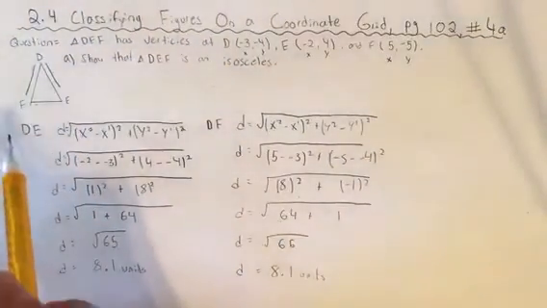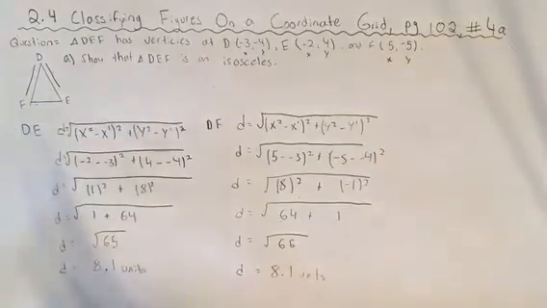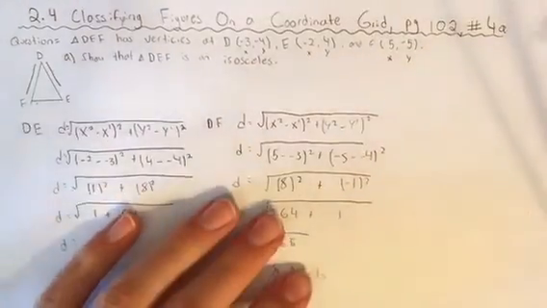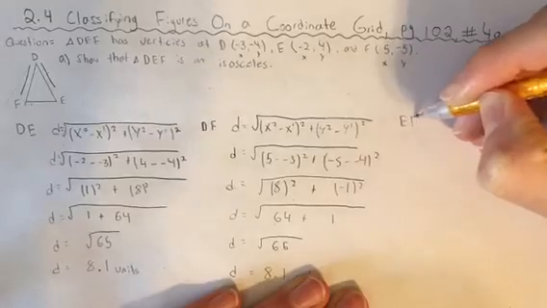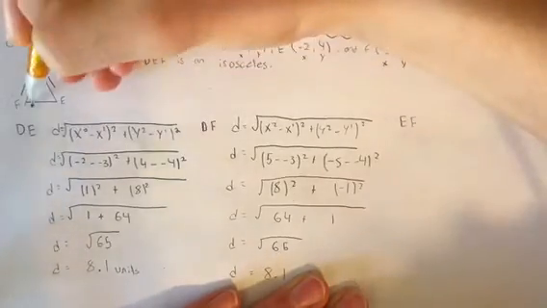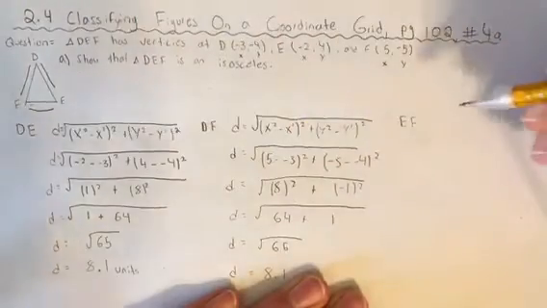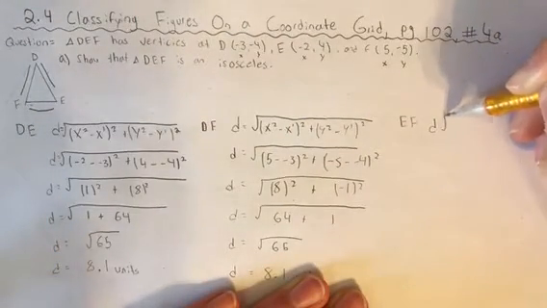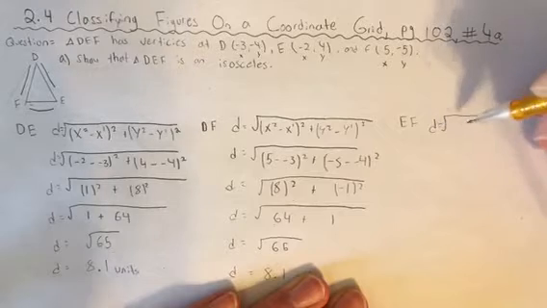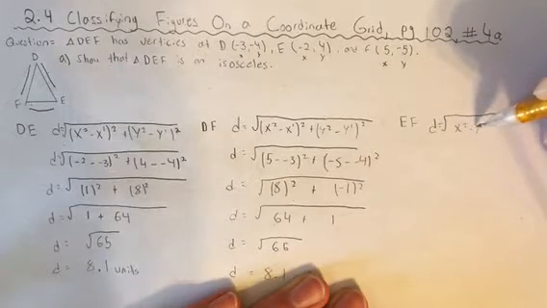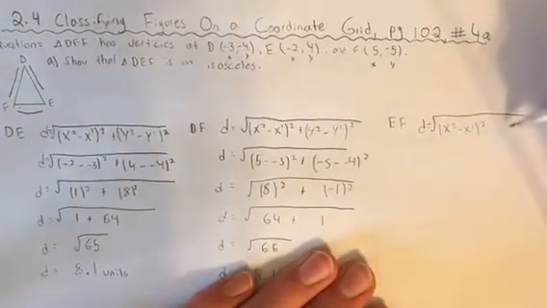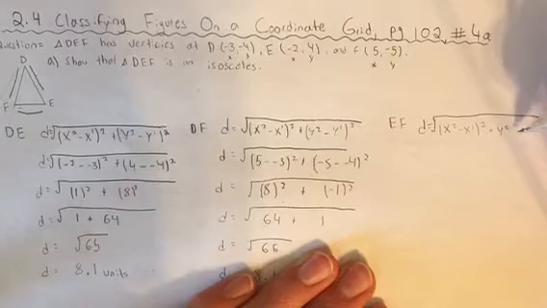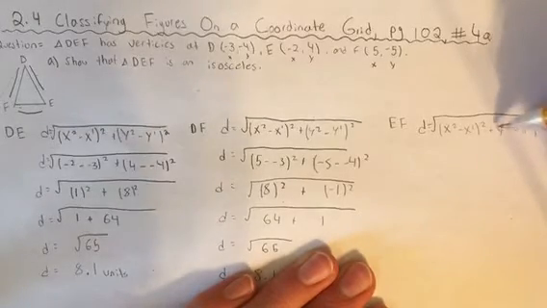Now just to be sure, we need to find side FE, and that side should be different than these two if it's an isosceles triangle. So let's do that last equation. We're finding side EF, that's this one right here. Let's write out our equation. Distance equals x2 minus x1 to the power of 2 plus y2 minus y1 to the power of 2.